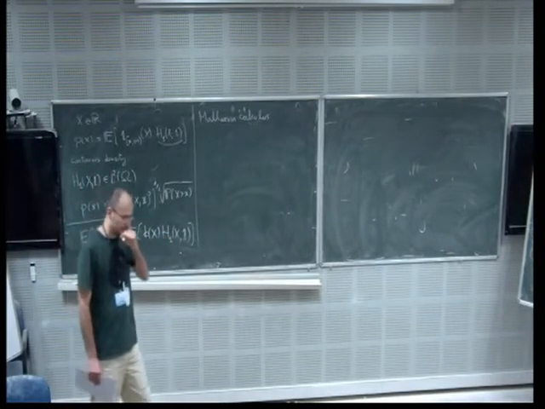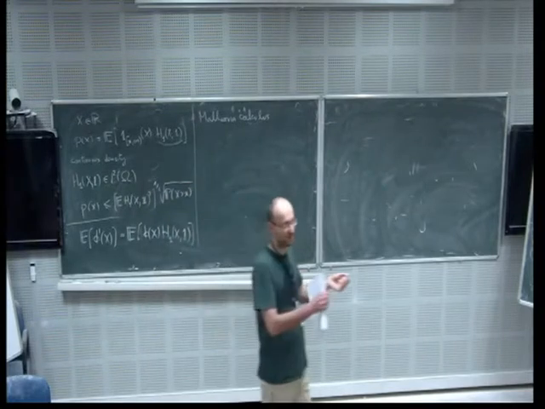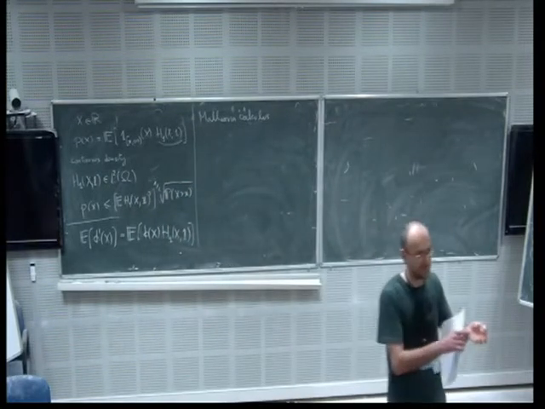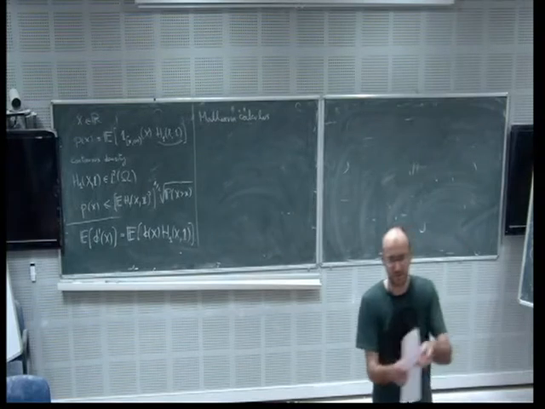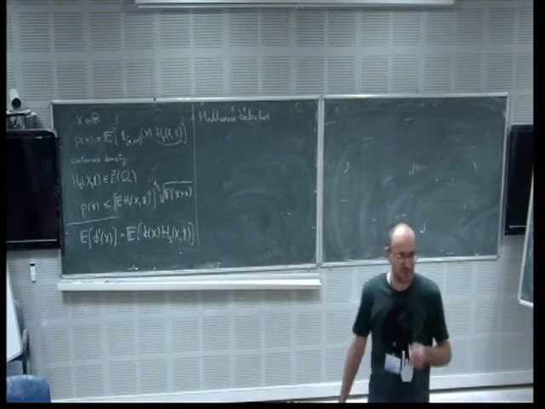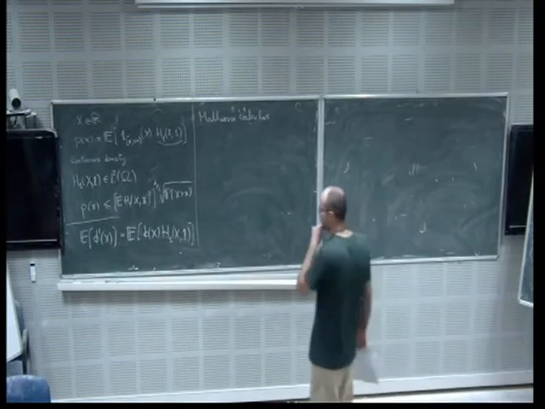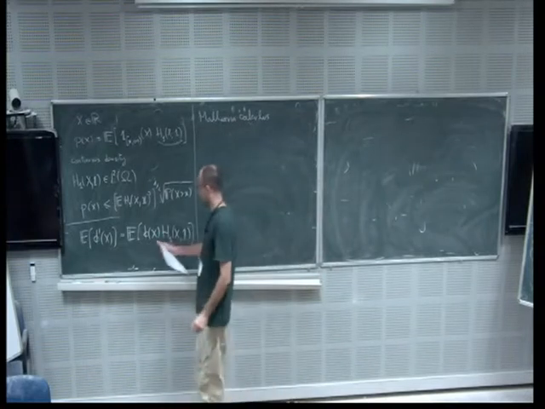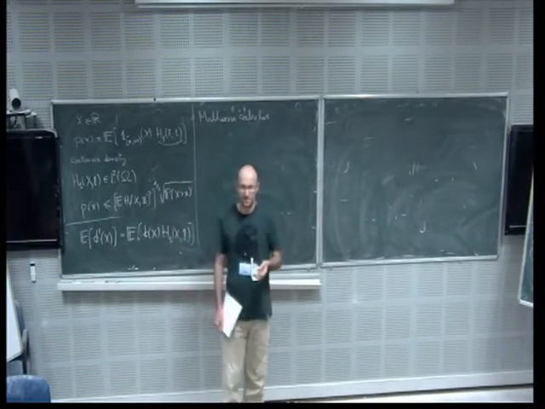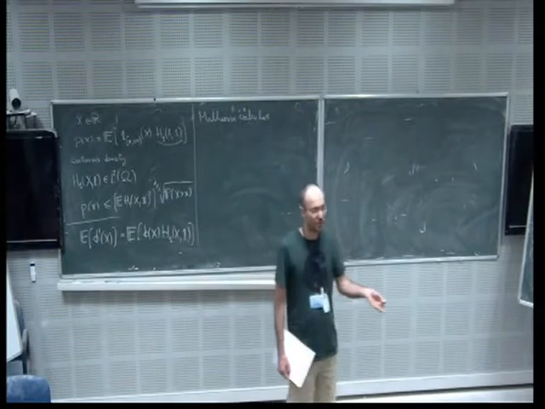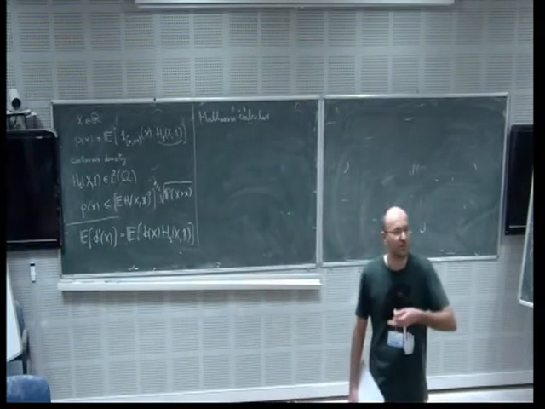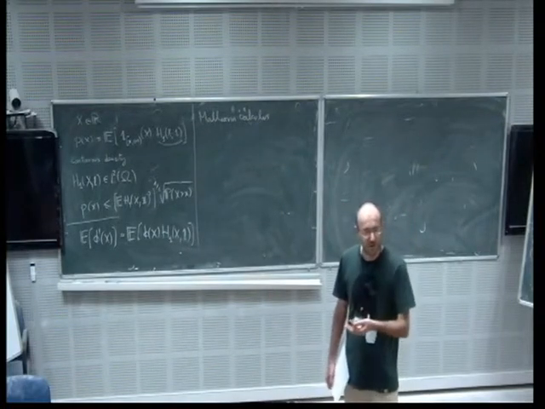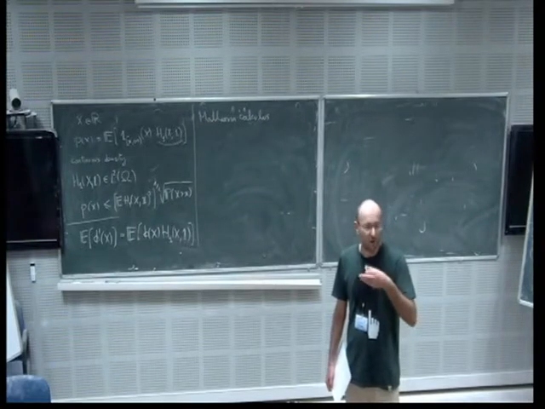When we do integration by parts, we move the derivative from some variable in space to a derivative in space of the same kind of stuff. The idea of Malliavin calculus is that you are moving a derivative from the space variable to the probability variable. So we are going to do a derivative on the probability space.